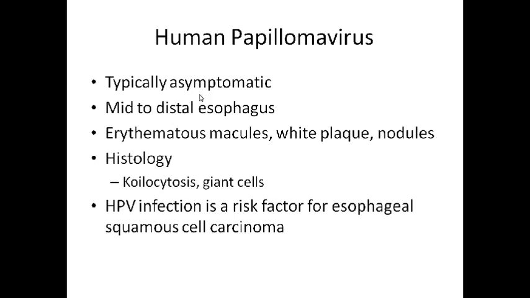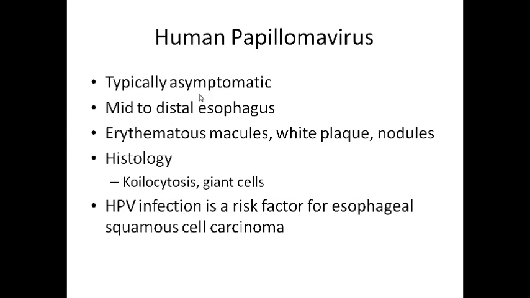Human papillomavirus, again, this is very common and seen in the media with cervical cancer. Again, a lot of it can be very asymptomatic. This is more of the mid and lower distal esophagus. Usually with the endoscopy, we see these macules that are very, very red, sometimes white plaquing and nodules.